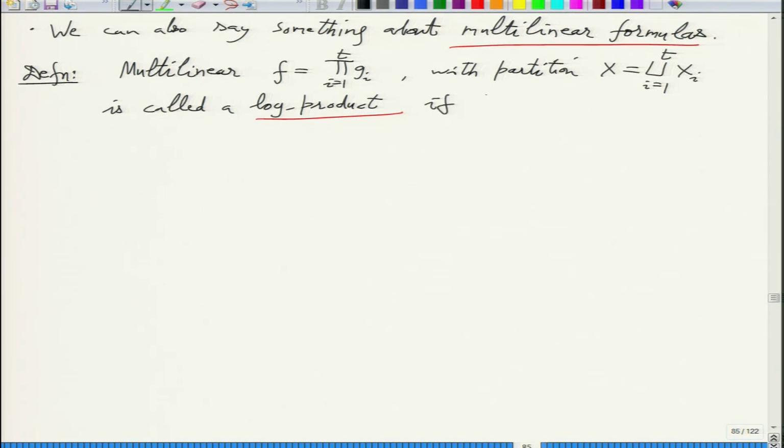If for all i the size of xi is at least n by 3 to the i and at most 2n by 3 to the i, and eventually xt is 1, only one variable in xt.